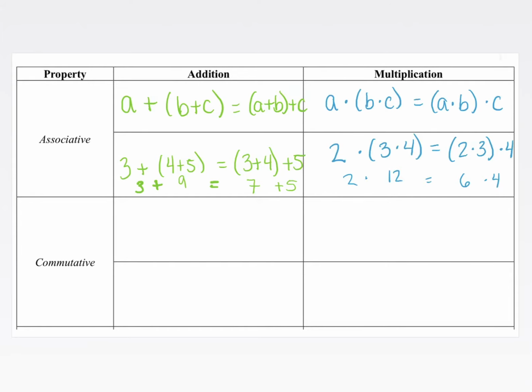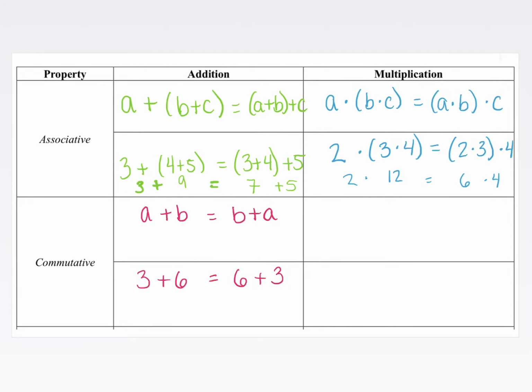So that works there. Our next property is the commutative property. The commutative property is all about flipping the order and it will still stay balanced. It will still stay the same. For example, A plus B equals B plus A. In other words, 3 plus 6 is the same thing as 6 plus 3.